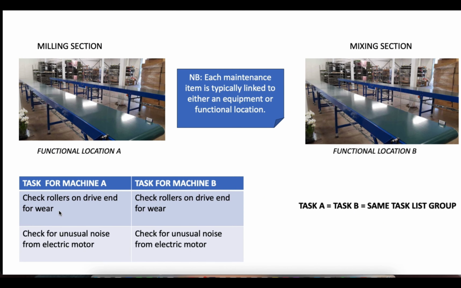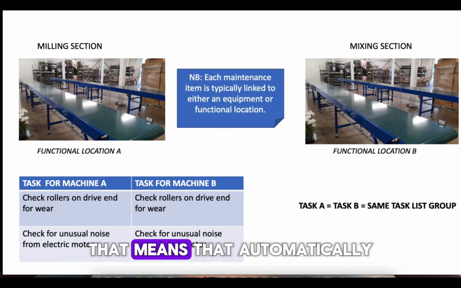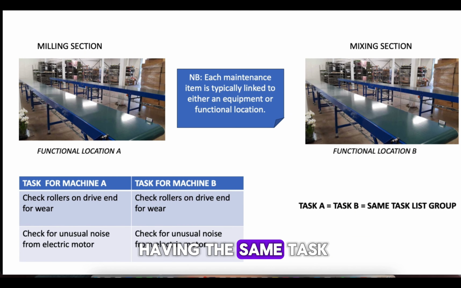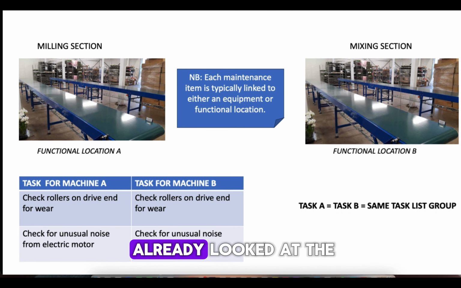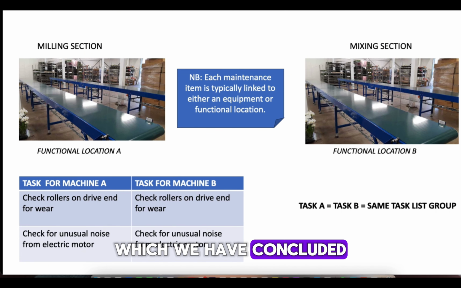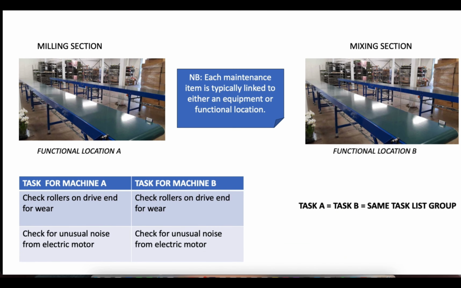This means that my task for machine A is equal to my task for machine B. If we're going to be having the same task, that means that automatically we're going to be having the same task list group. Now that we've looked at the task list group, which we have concluded will be the same for both machines, let's now look at the maintenance item.